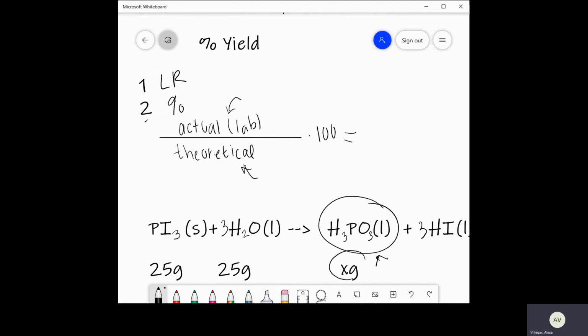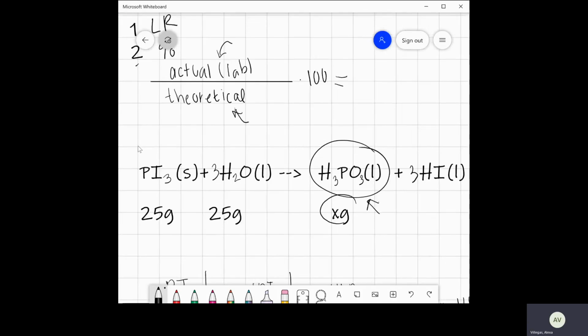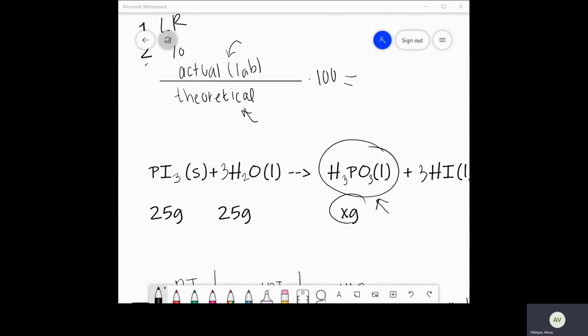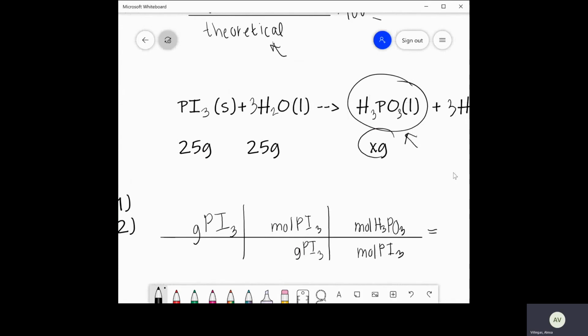So we're focusing on this one. By asking for theoretical yield, I am asking for 3 things: a balanced chemical equation, to identify the limiting reactant, and then find your theoretical to calculate. And this one I had balanced already for you, so we are good.